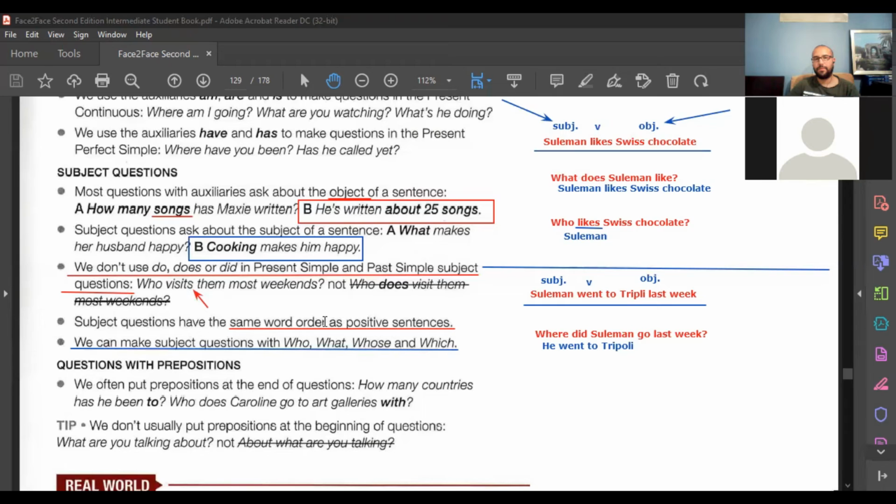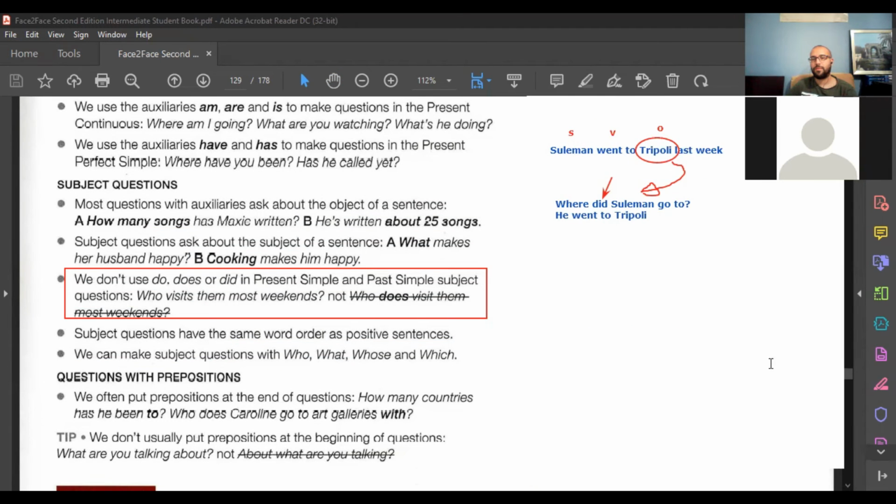Who did go to, who was in the Tripoli last week? That's not bad actually. That's good. Let's write it. It's not the one I want, but it's correct, so we can use it. Can you repeat it again?